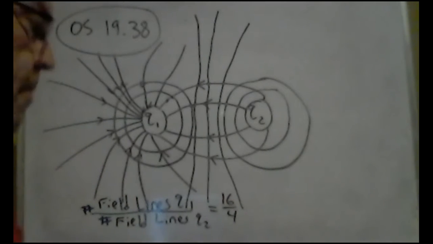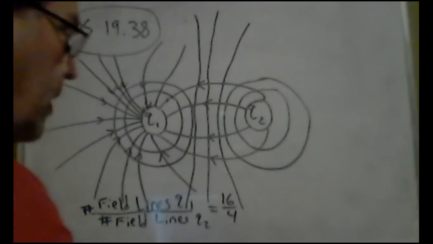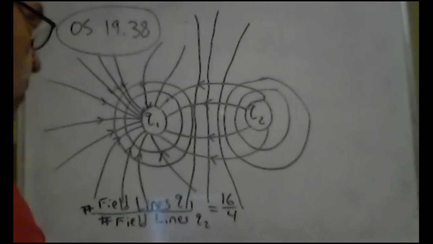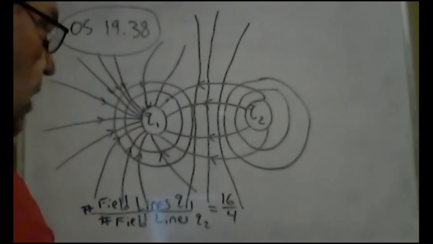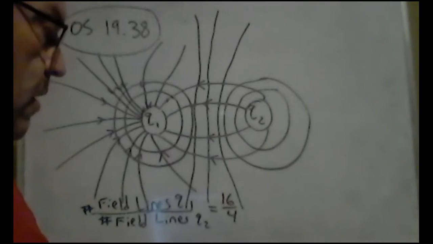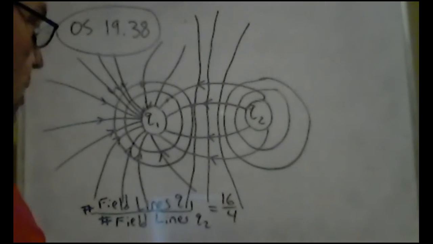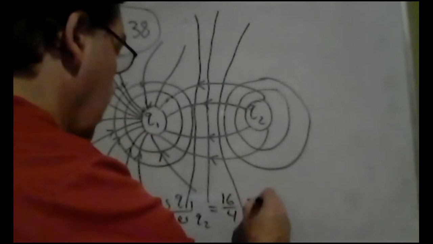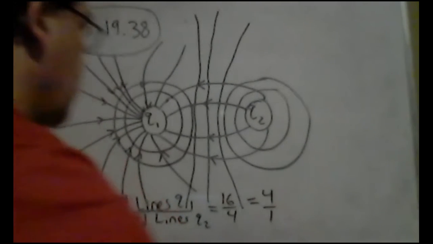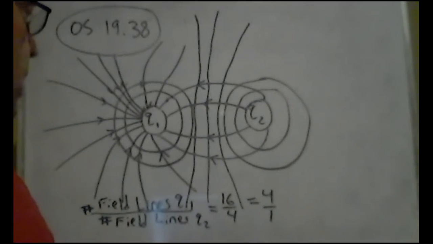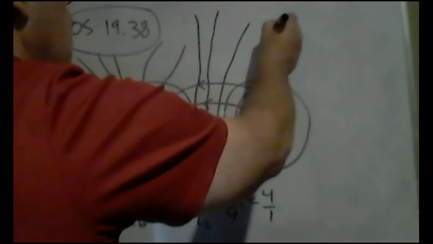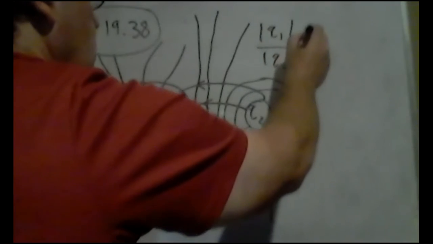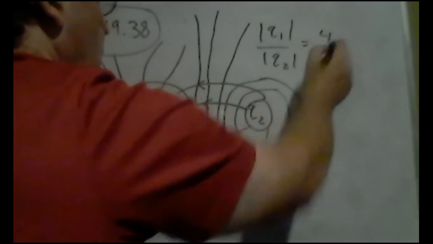The greater the charge, the greater the number of field lines. So that's a ratio of 4 to 1, and charge Q1 has a magnitude 4 times that of charge Q2.